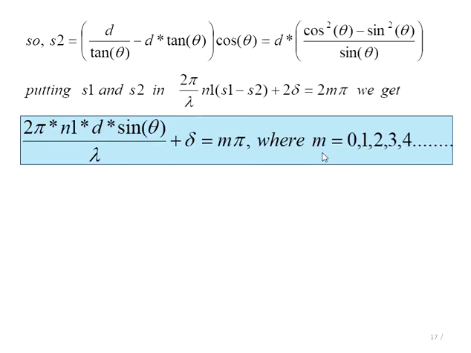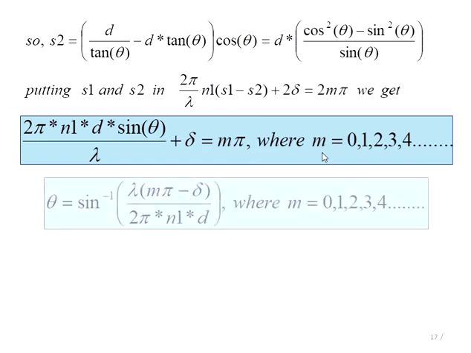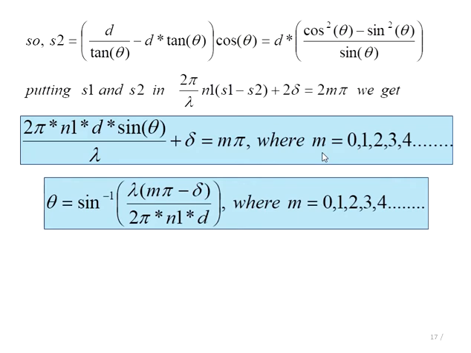Here m can take only integer values 0, 1, 2, 3, 4 and so on. So if I want to find the angle theta, we can find it using this equation.